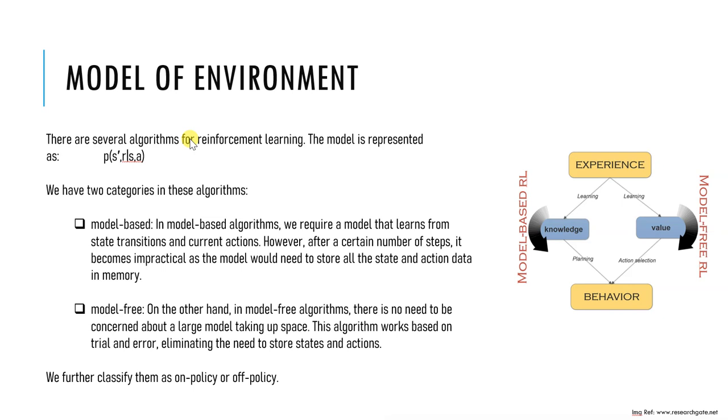So you implicitly infer the model from observation, and reinforcement learning is used to solve problems that are model free. The objective of the RL agent is to find the optimal policy, either using an explicit model, that is model based, or by implicitly inferring the model from actions taken from various states, that is model free.